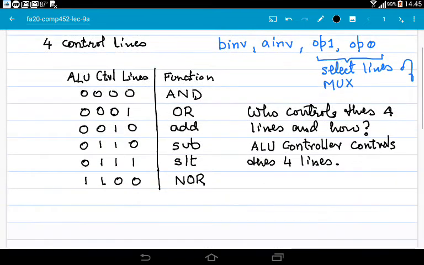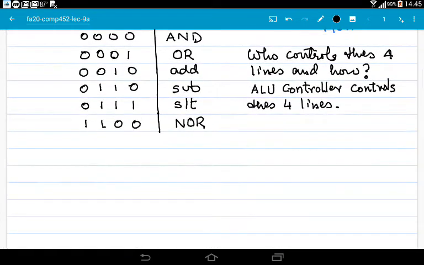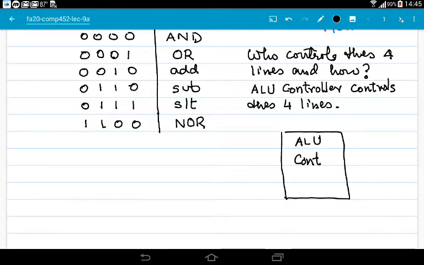Now the ALU controller is a combinational circuit. Okay, so let's draw a block diagram. This is the ALU controller, and the outputs of the ALU controller are these four lines, and these four lines go to the ALU.